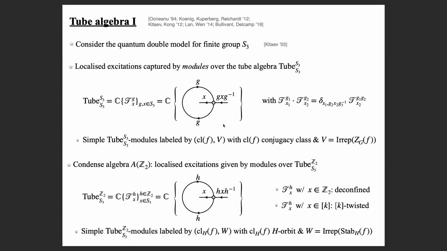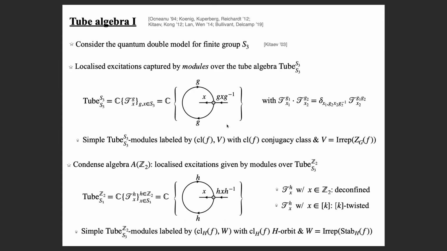And once we condense the algebra A, C2, the local excitations are given by modules over this restricted tube algebra, where now the elements here are restricted to live in C2. And again, if you just take also X living in C2, this captures the deconfined excitations, so modules over C2, which is just the toric code, while the rest of the sectors organize into the double coset.